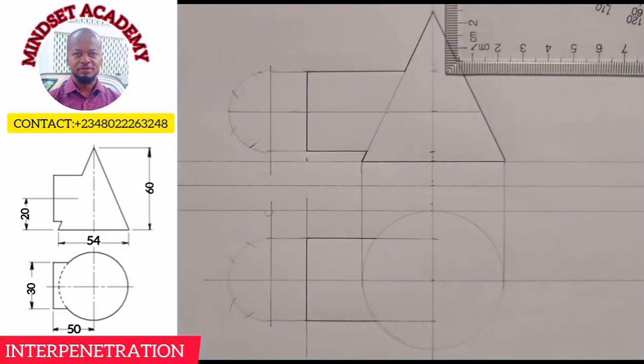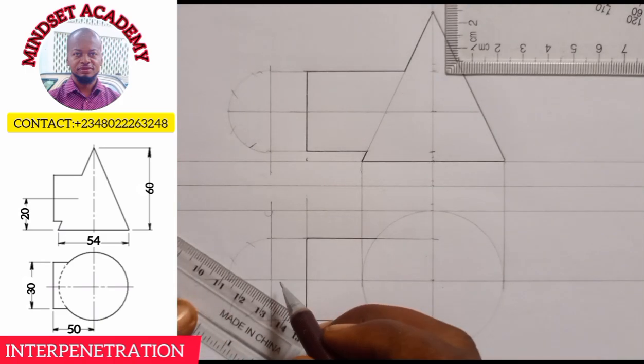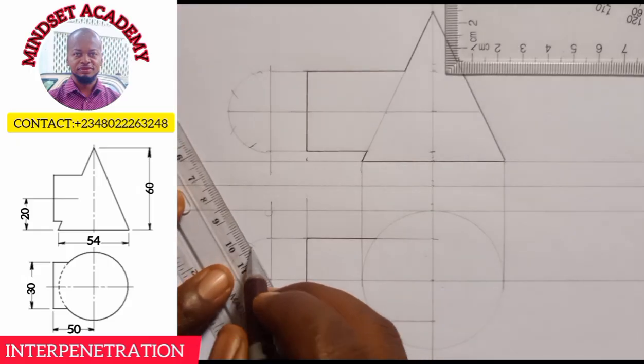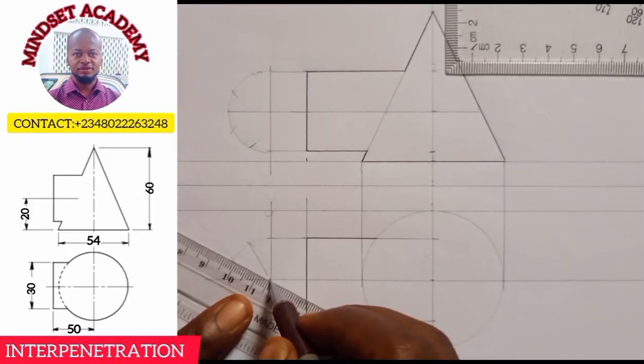Now you take your rule and you're going to connect it with faint line.